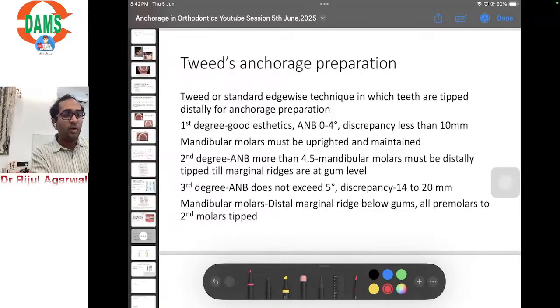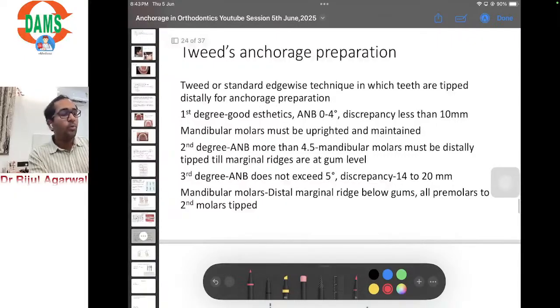So the mandibular molar teeth should be tipped till the margin level at the gum level. And third degree, the ANB does not exceed 5 degrees, but the discrepancy is more than 10 mm, that is between 14 to 20 mm. So the mandibular molars are tipped distally below the gum marginal level, from all premolars to the second molars as well.